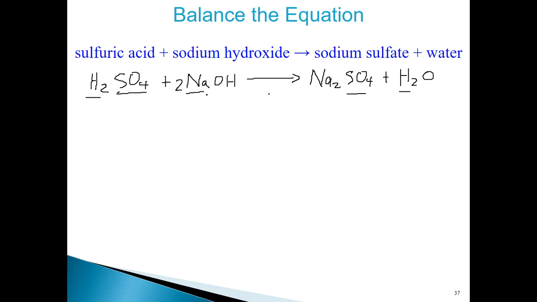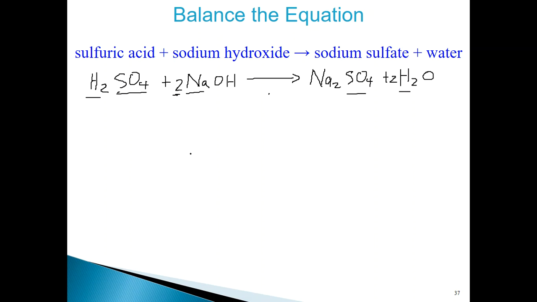I would see that I have 2 oxygens here, all right, but I have only 1 oxygen here without the sulfate oxygen. So I would put a 2 here, all right. And then when I count up the hydrogens, again, it's not unbalanced now actually, but I'll count it just to make sure. You have 4 hydrogens here, you have 2 hydrogens here because of this 2 here, and then you have 2 more. So therefore now we have a completely balanced equation.